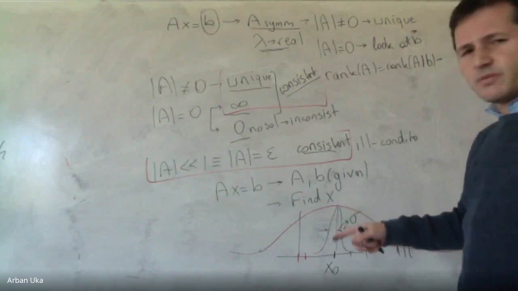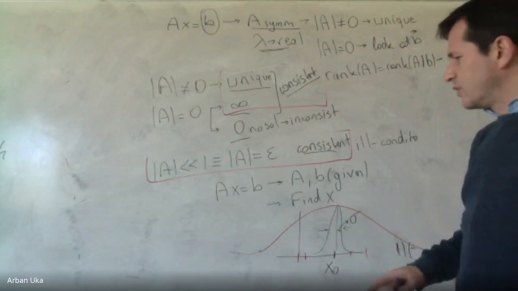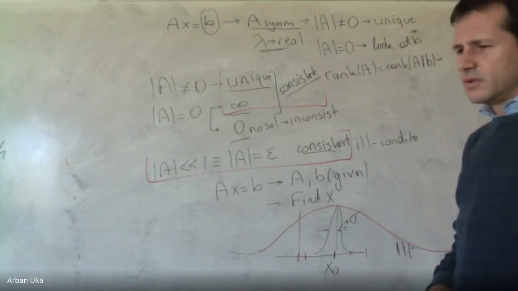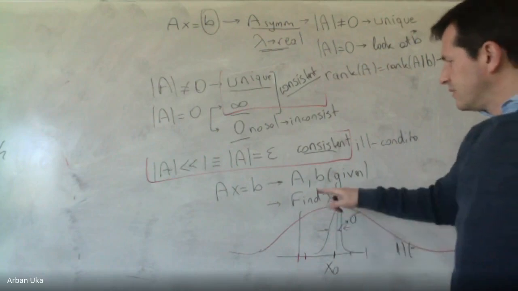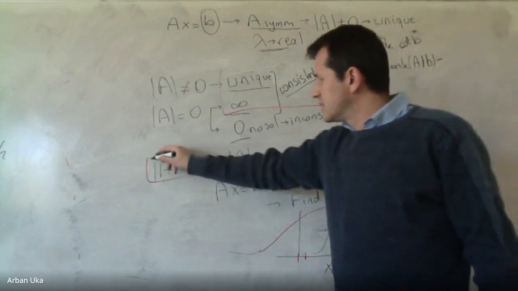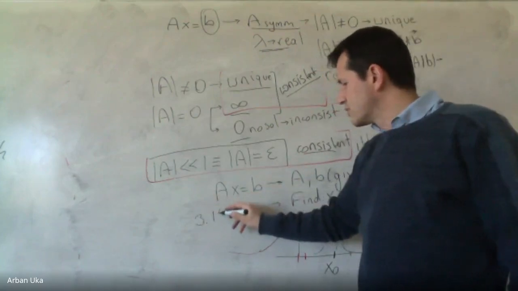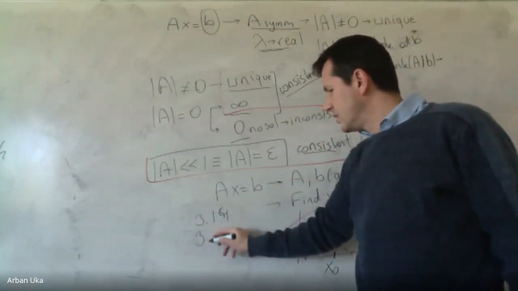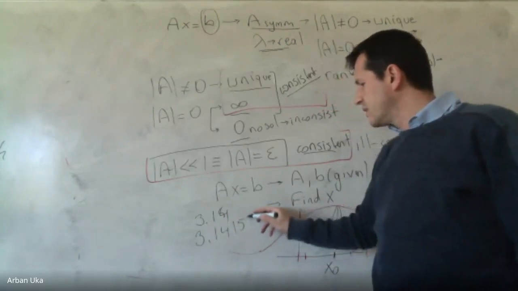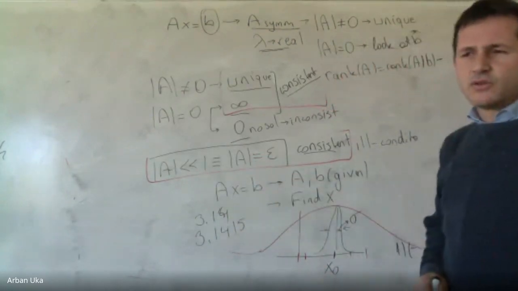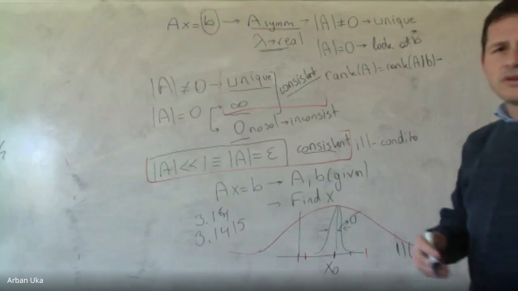So we have this problem. Now, whether we write the pi as 3.14 or 3.1415, if the problem is of this type, it will make a huge difference if we choose this one or this one. So these types of problems are very sensitive to the precision, to the round-off error.